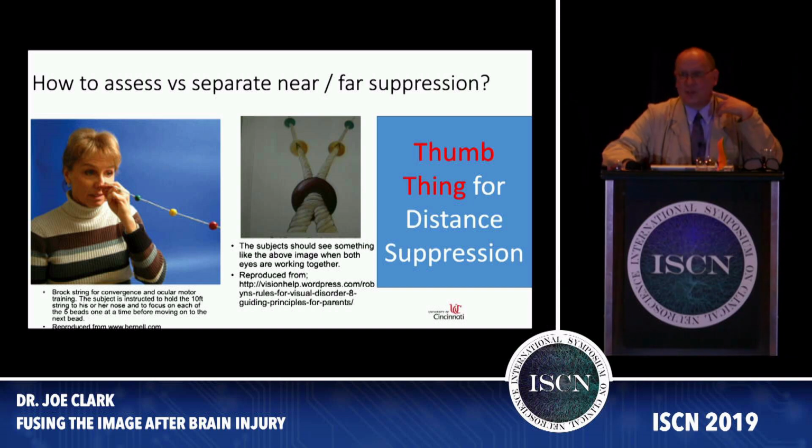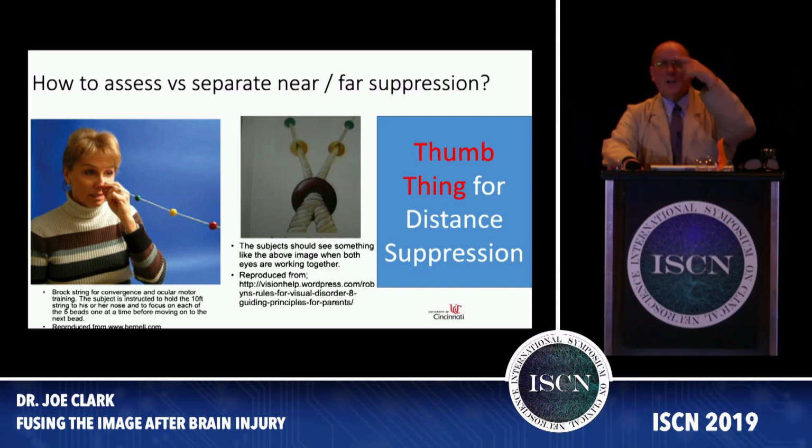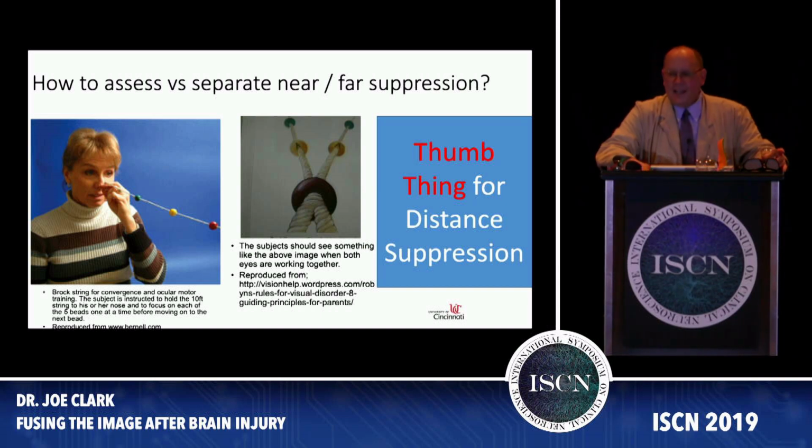She had trained her brain to suppress one eye far and one eye near, and had no stereopsis. And I'm thinking, oh, well, I guess I don't need to try and treat that. I'm not sure I would have chosen that, but the optometrists will do that. It does occur for other reasons, but that's just one of the reasons why it does occur. And I've seen several patients like that. I guess a lot of people, it's hard to work the progressive lenses or the bifocals, and they just have one eye versus the other.